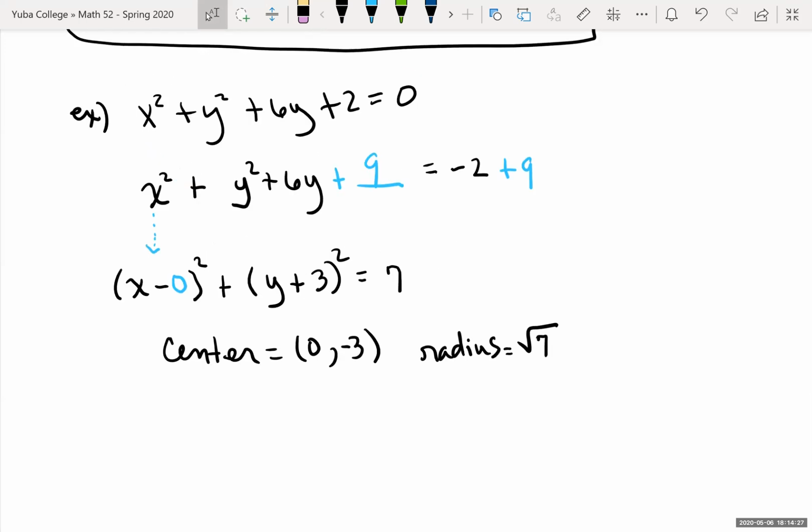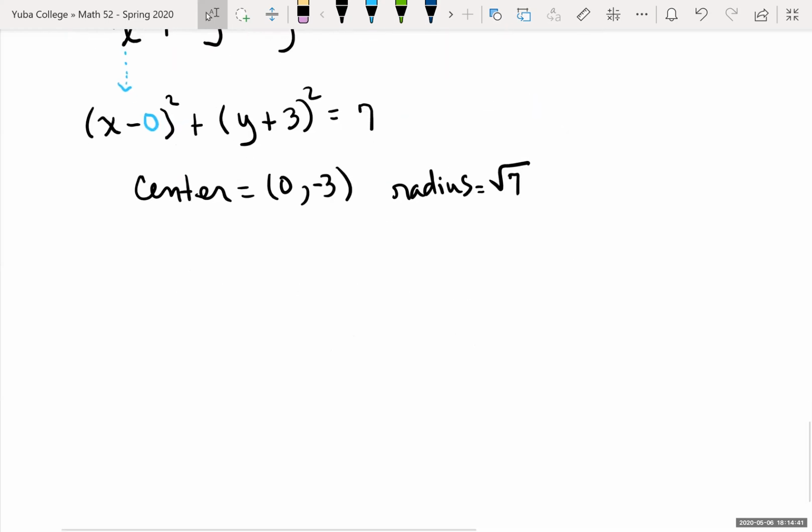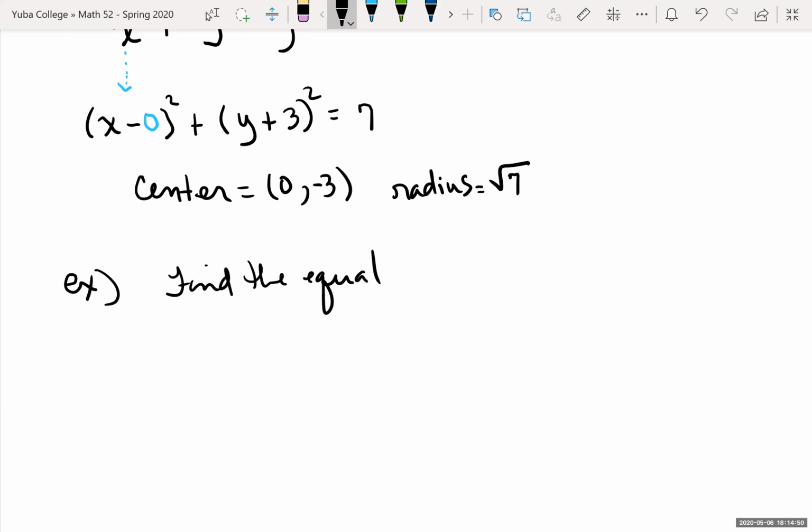Okay, so let's say that you were given information about the circle. You weren't given an equation or anything, and you were asked to find the equation. So find the equation of the circle, given the following information.